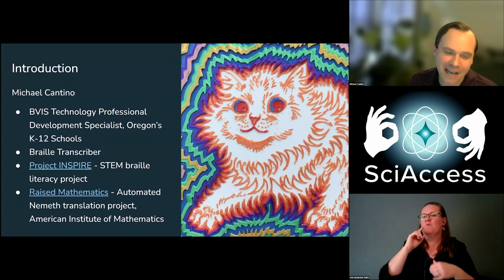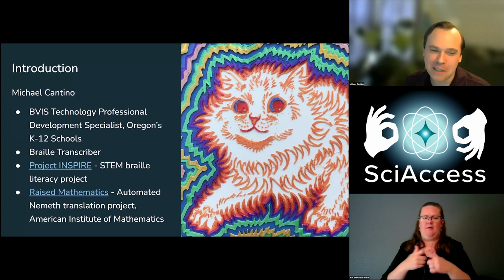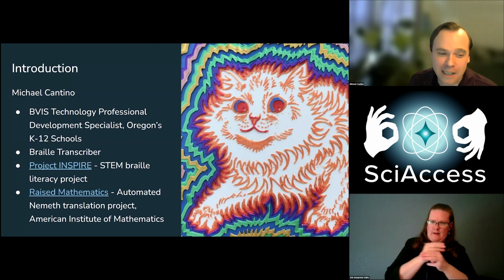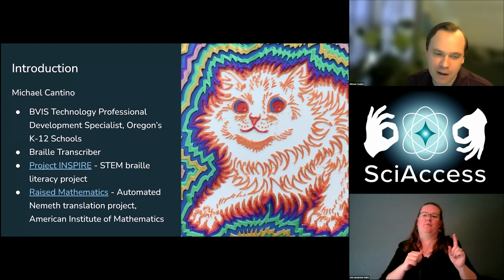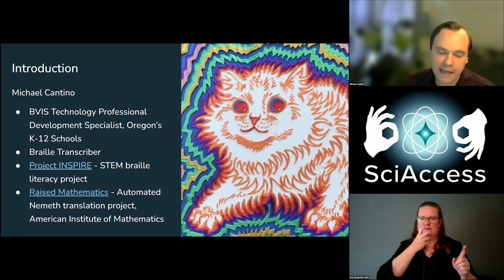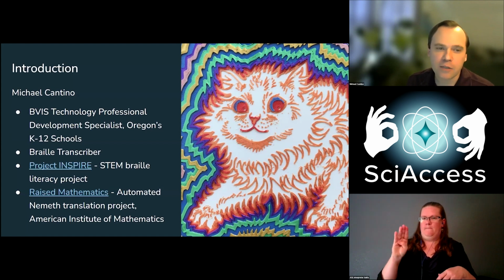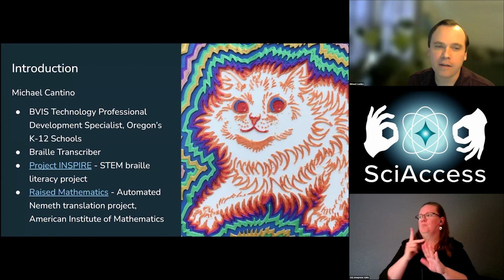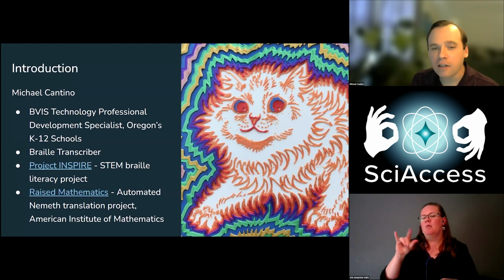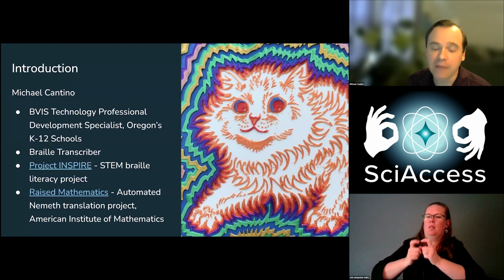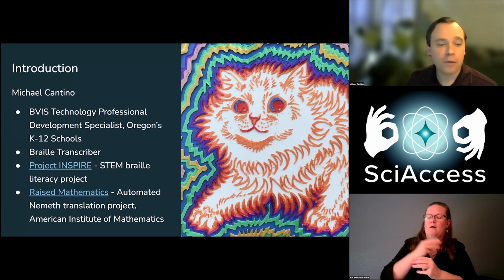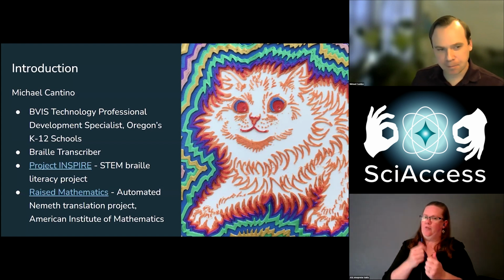And then Raised Mathematics is a collaboration between Speech Rule Engine, which powers MathJax and Chromebox, and a project called Pretext. In that project, we are working on automating the production of college-level math and science textbooks into Braille with tactile graphics, which has been super exciting.